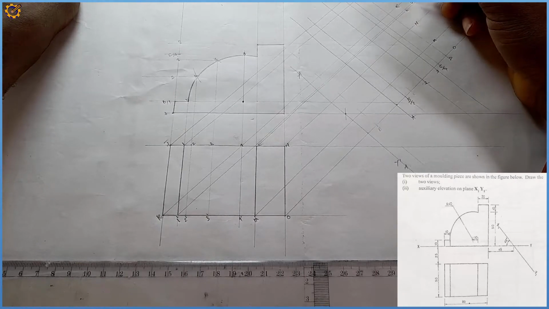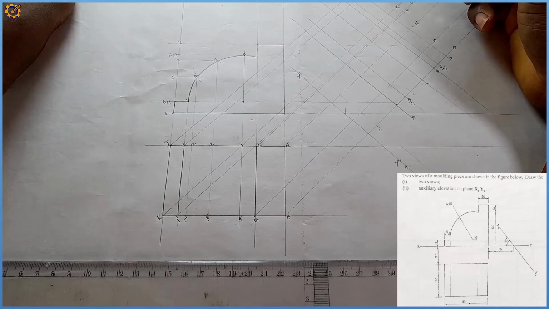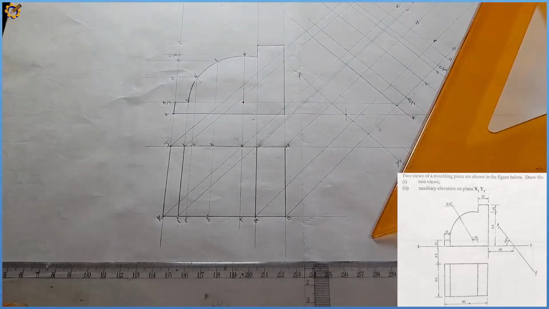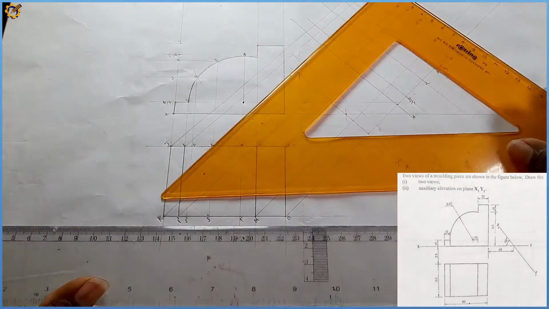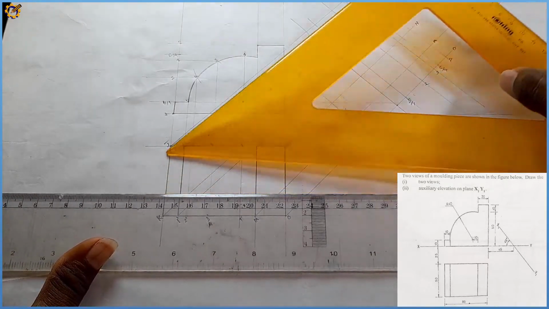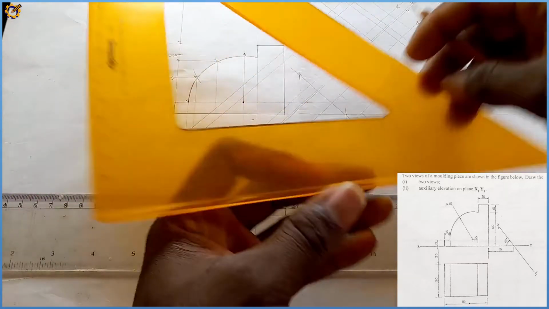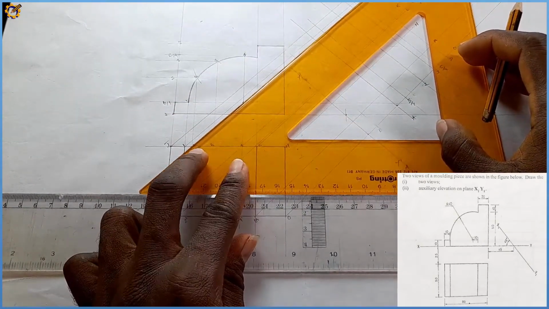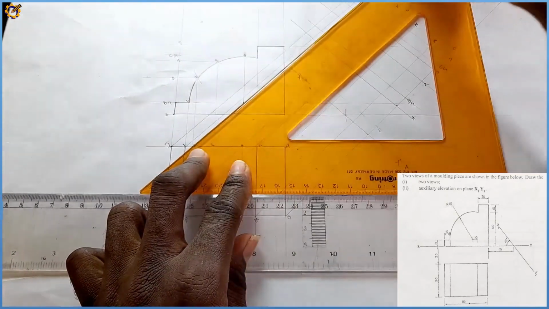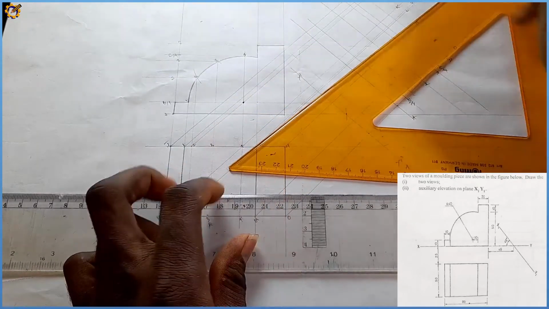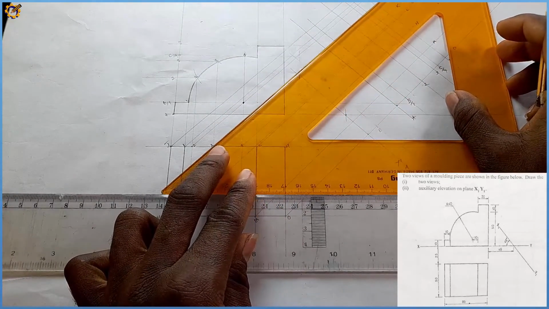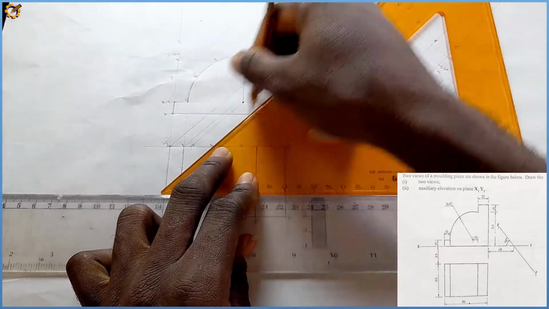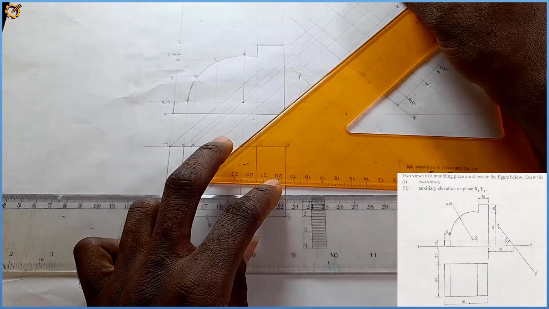Let's project for mark 2 now. For mark 2, I'm going to project mark 2. This area is mark 2, and this area is mark 3.